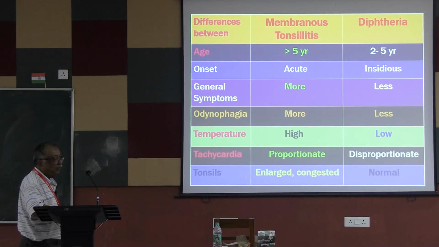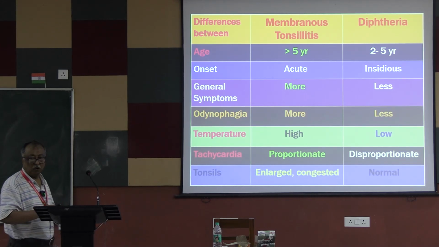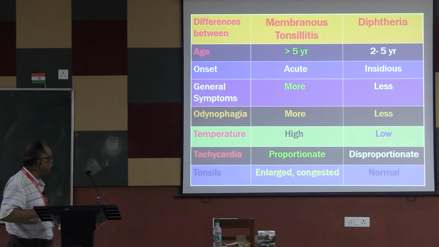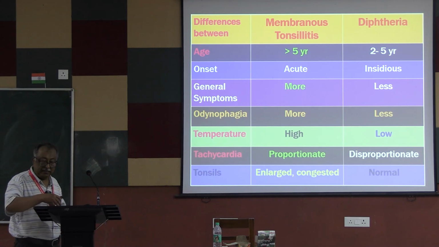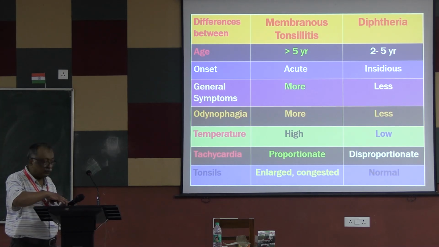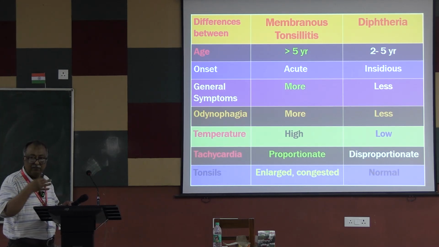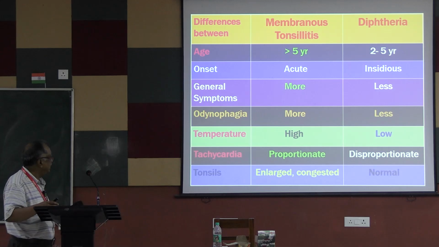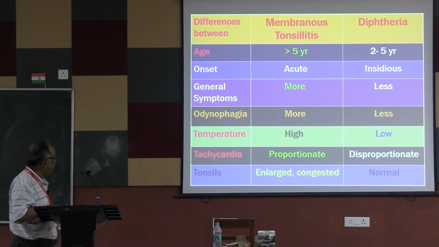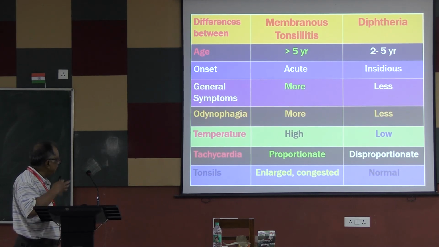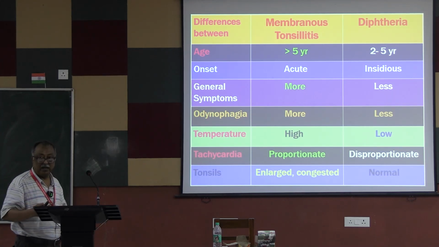If you see agranulocytosis or infectious mononucleosis, or membranous tonsillitis, that means all the follicles, the discharge from the follicles, coalesce with each other and form the membrane. The pain and fever are more in comparison with diphtheria. Adenopathy is more, temperature is high; in diphtheria it is low, but there is tachycardia.